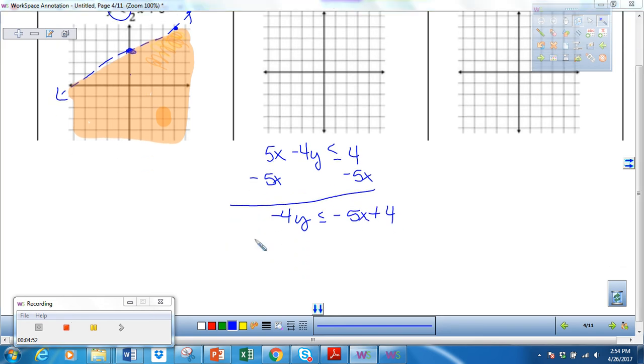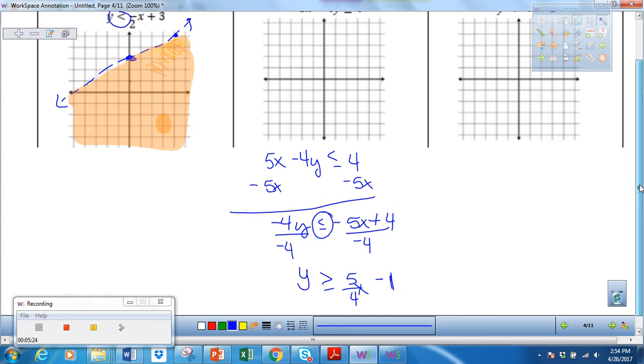Now, when I divide by a negative number, recall, the inequality sign flips. So now this becomes y is greater than or equal to 5/4 x, which is now positive because a negative divided by a negative is positive, and 4 divided by negative 4 is negative 1. So it's 5/4 x minus 1.